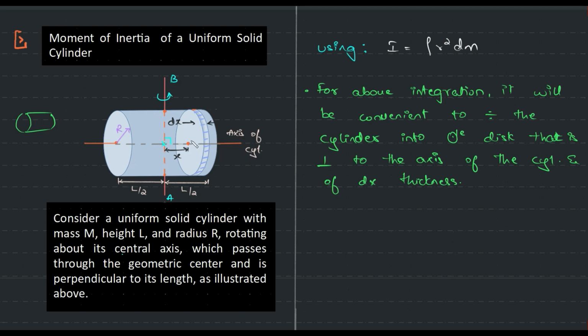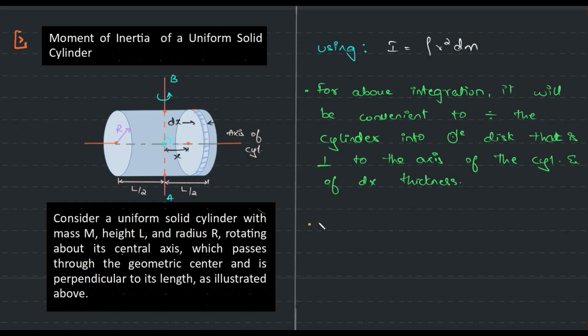Okay, so this is x units away and this is of thickness dx. And the radius obviously is r because it's part of the cylinder and it is cut along the face. It's a cross section along the face.